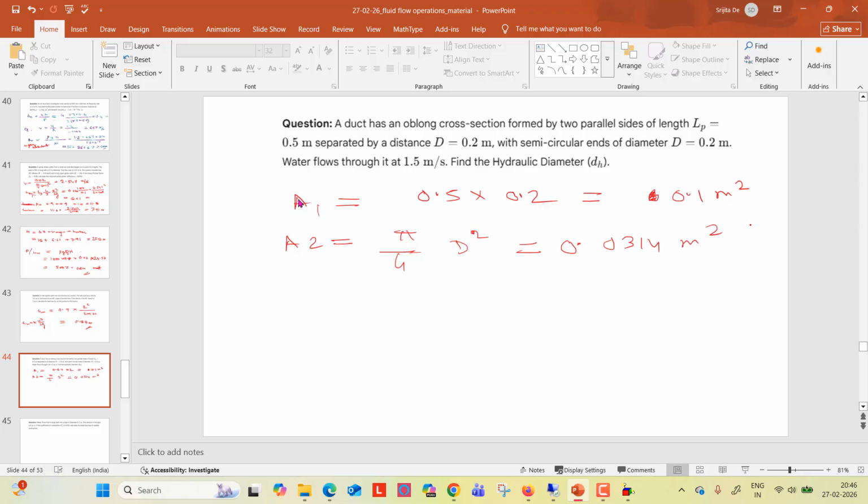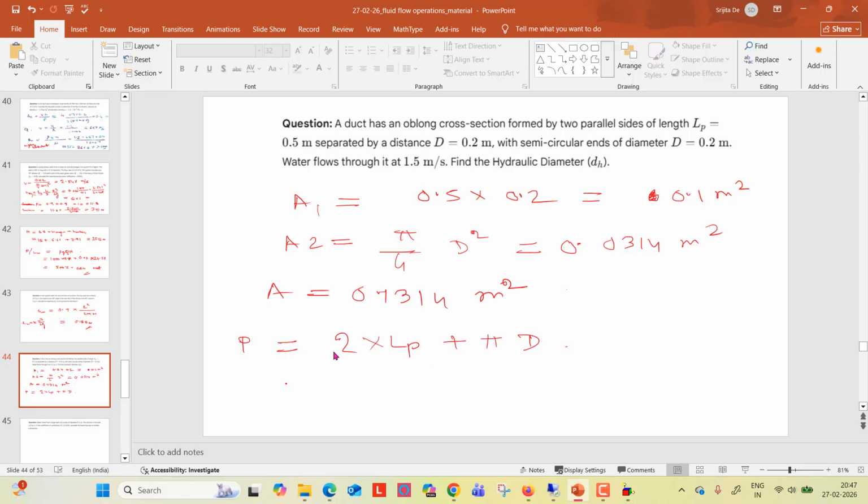Yeah. So total area is summation of these two, 0.1314 meter square. Right? Now comes the wetted perimeter. This is the cross-sectional area, wetted cross-section. So wetted perimeter for two straight lines is 2 into LP plus pi D, right?